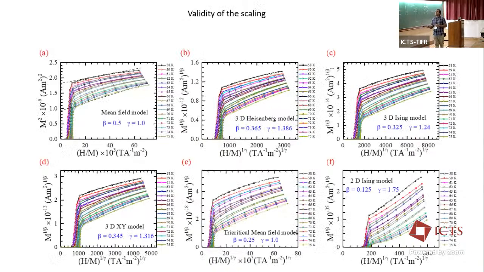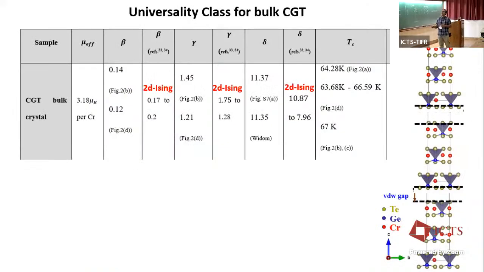And of course, this is just to show you that we tried different things, and only for a certain 2D Ising model could we find that this sort of scaling feature works. These parameters, beta and gamma, that we determined are really for the 2D Ising model. So the critical phenomena associated with the magnetic transition in bulk CGT show that the spins follow the critical 2D Ising model.